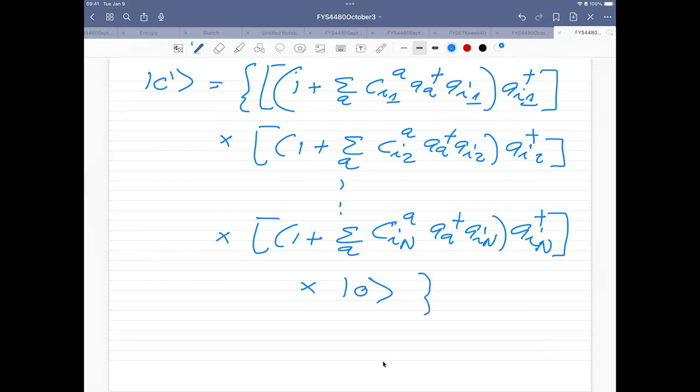Okay, does that make sense? So I'm just taking the product and I'm picking in the product all the different contributions which I have.